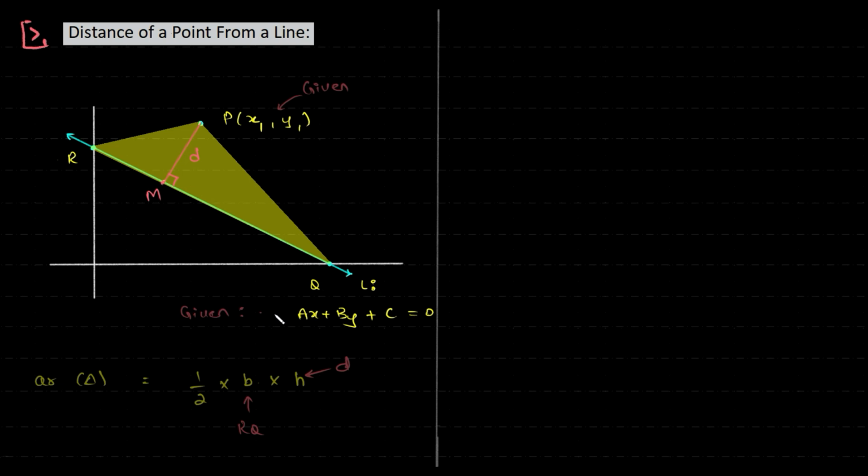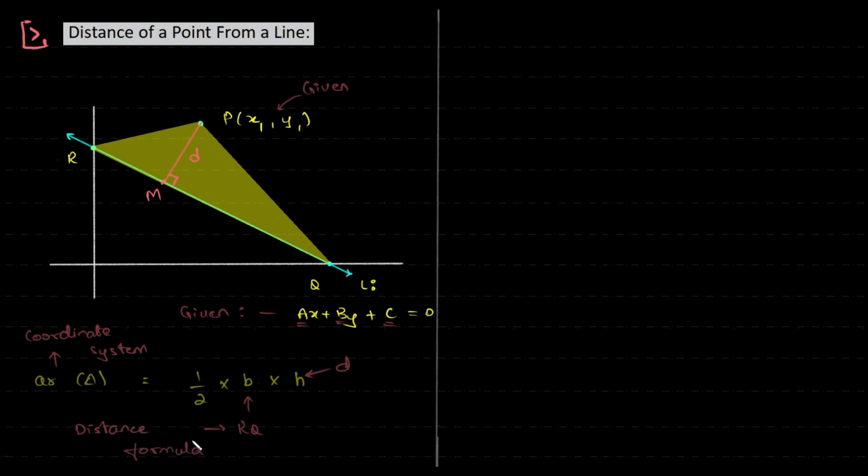So when we have a, b and c and x1 and y1, all of this being given, I'll be able to figure out the area using the coordinate system. Okay. And I can find this too with the help of distance formula.